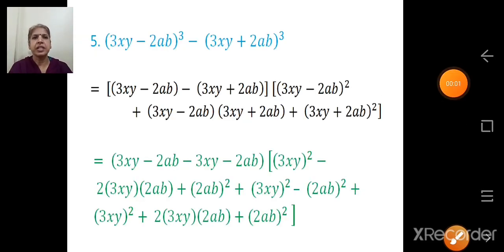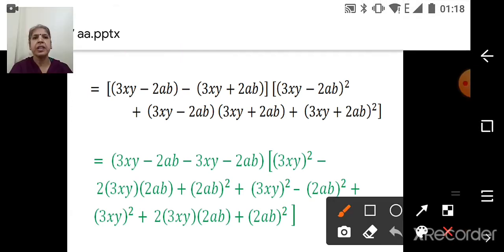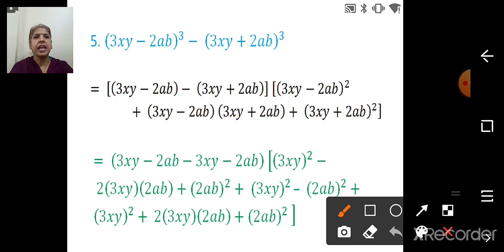Next question is (3xy minus 2ab) the whole cube minus (3xy plus 2ab) the whole cube. So which formula are we going to use here children? It is a cube minus b cube.